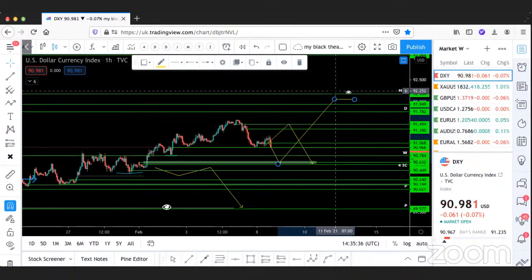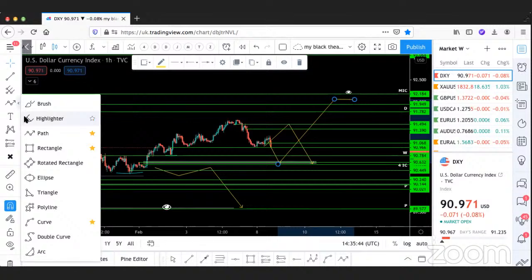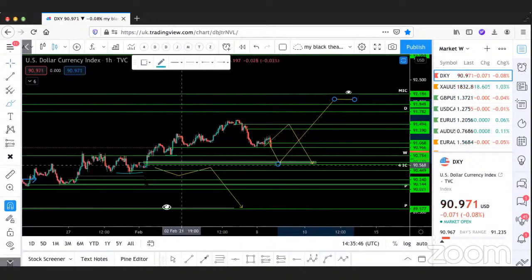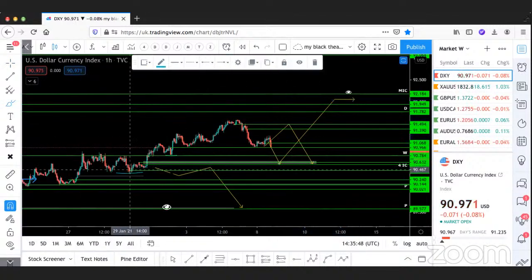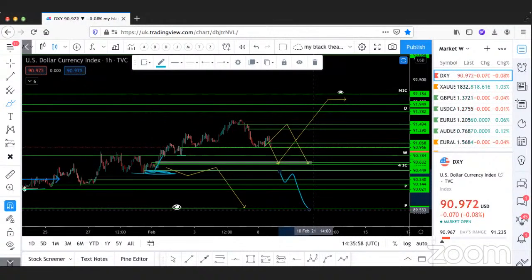This is where we are targeting. Failing that, if the dollar index breaks this low, then possibly we could anticipate the dollar index to continue the high time frame bearish move towards the downside. So this is what we are anticipating in the dollar index.